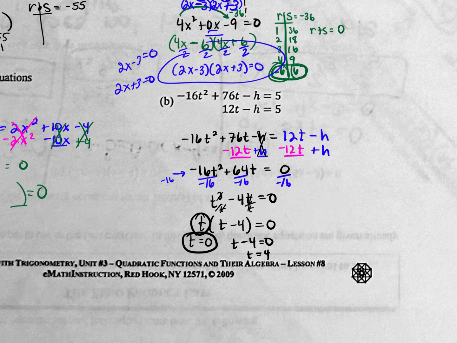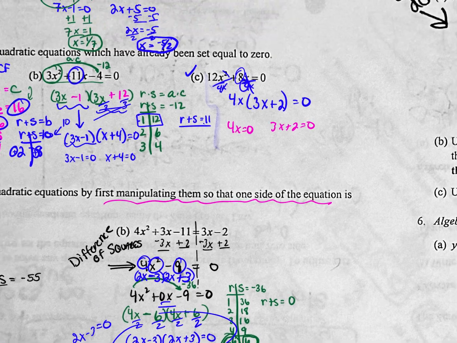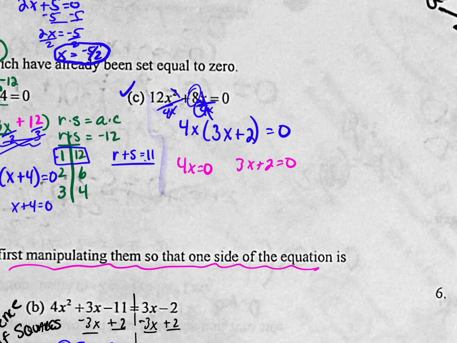I think that's everything except for this one here. I divided by 16. I take out the 16. I didn't pull it out like a GCF. I want to go back up to this one. This one right here originally was 12x squared plus 8x equals 0. So this one, I was trying to emphasize the GCF part, but you could have divided everybody by 4 at the very beginning, which would have yielded this, and then, oops, there's an x right there.